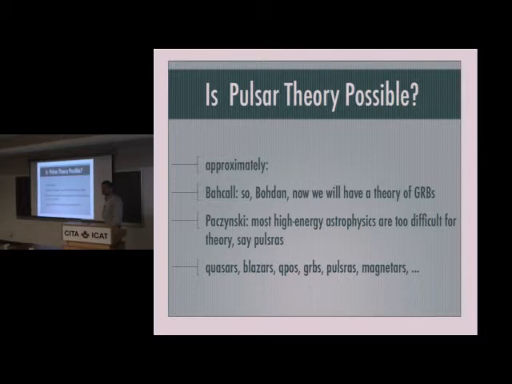We can think up models, but nothing close to, let's say, light curves of a binary, which are nicely reproduced by Kepler. Nothing like this exists for any of those. So it's not obvious whether or not pulsar theory is possible, and maybe we are wasting our time here.